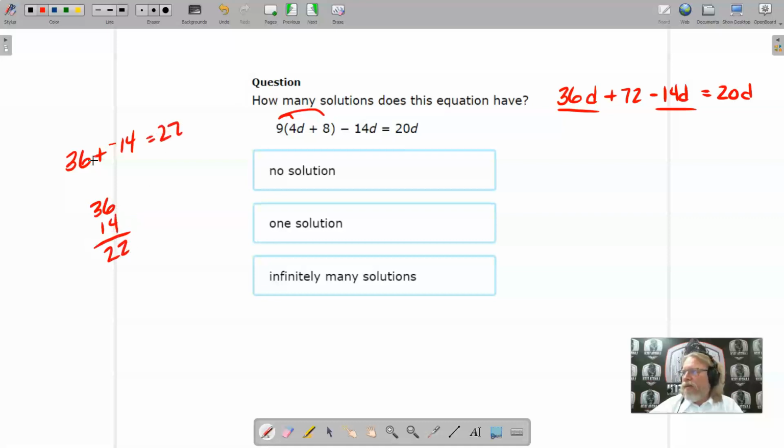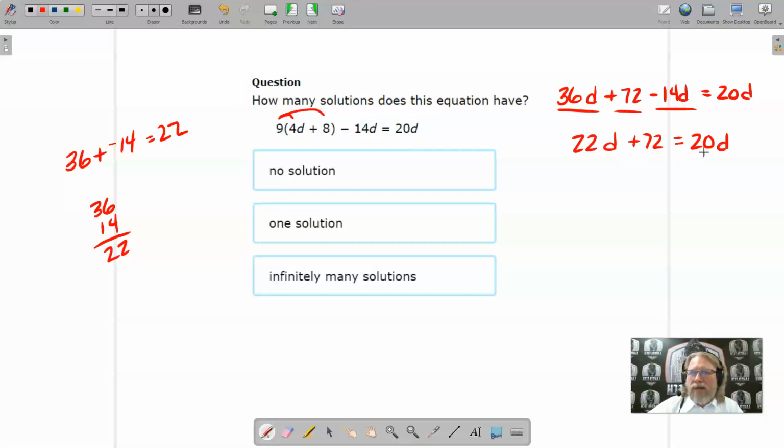The positive 36 has a greater absolute value than the negative 14. So since the 36 is positive, our answer of 22 remains positive. 22d, and that's positive. Good. So let's bring down our plus 72, and equals 20d. And I think we're going to end up with one solution here.